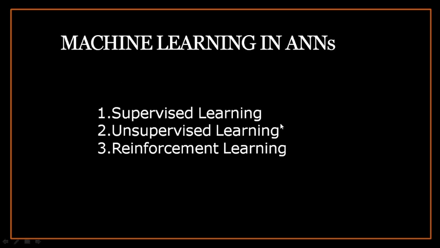Learning without a supervisor, without a teacher, is called unsupervised learning. Reinforcement learning is nothing but learning by means of observation. So these are the three types of learning in artificial neural networks. Okay, we will discuss them in the upcoming videos one by one.